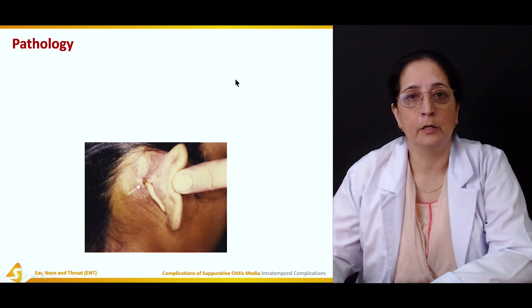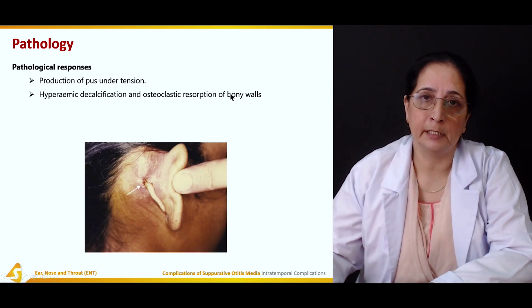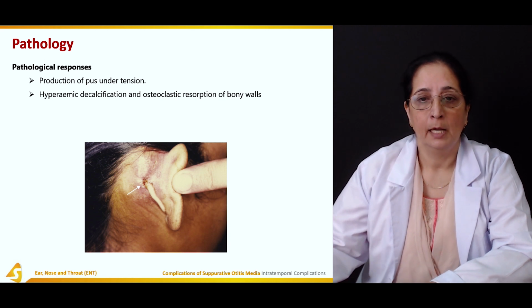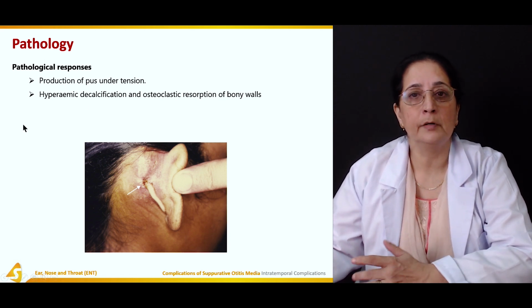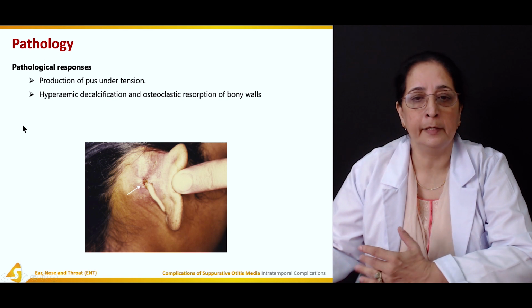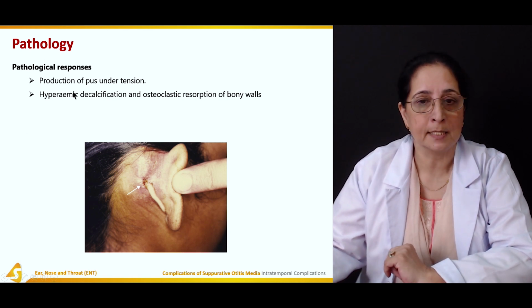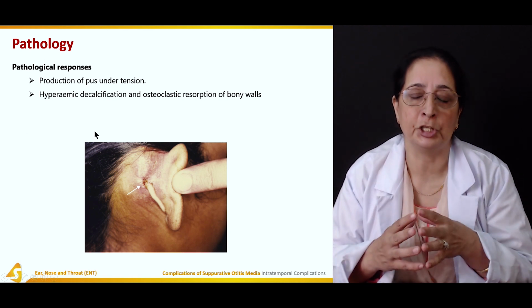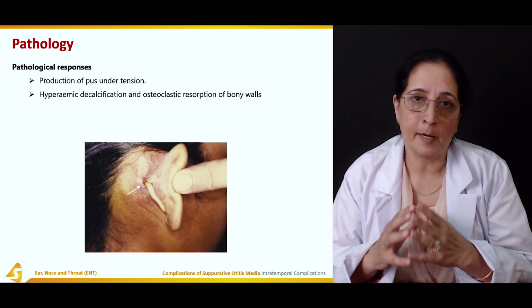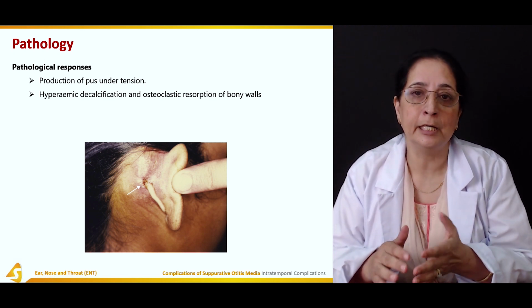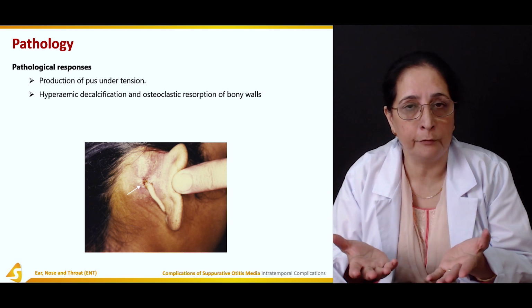Next, the pathology of intratemporal complications. The pathological responses are that there is production of pus, and this pus is under tension. Remember, when the pus is under tension, the condition is very painful.